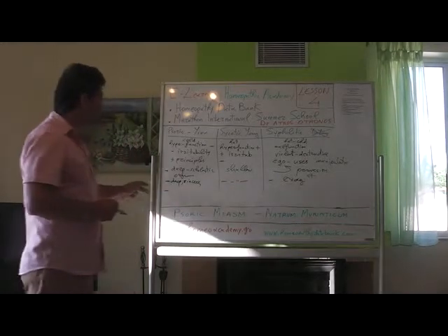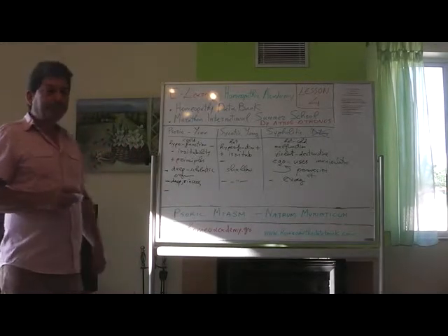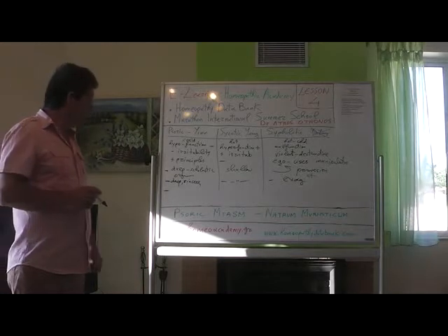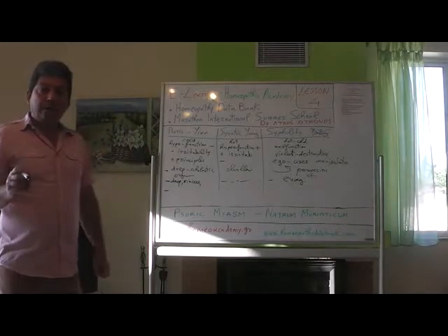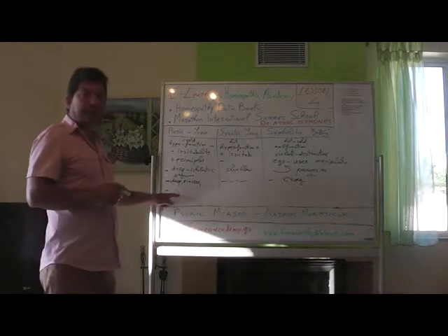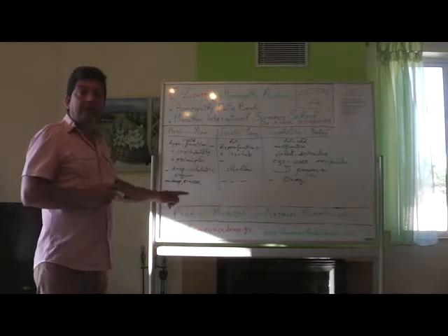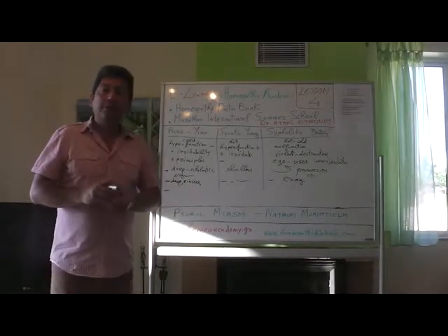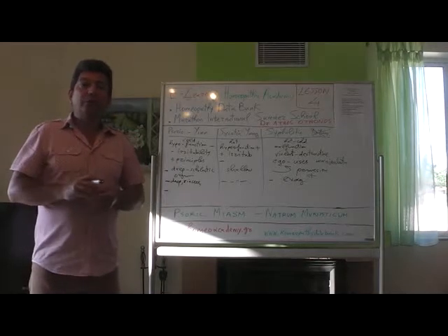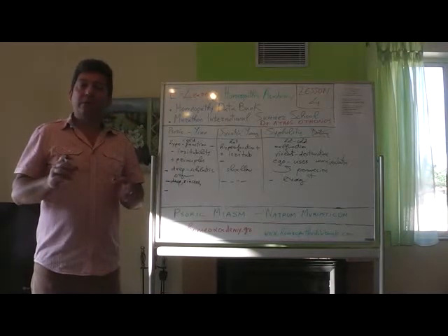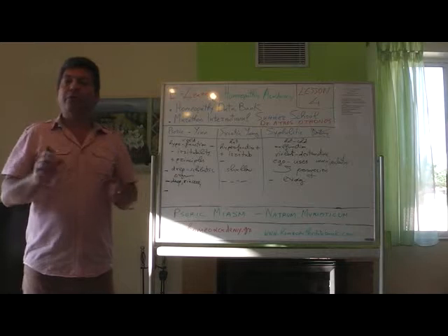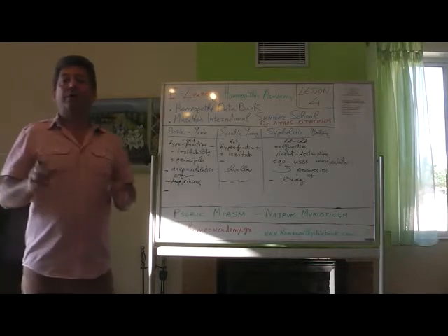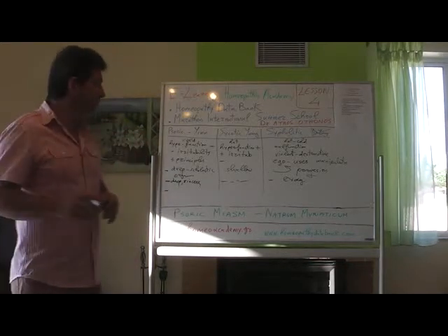Behavior. The psoric behavior is slow, sincere, and he tends to adopt the rules of behavior of the society he lives in, of the family he lives in, of the job he works.